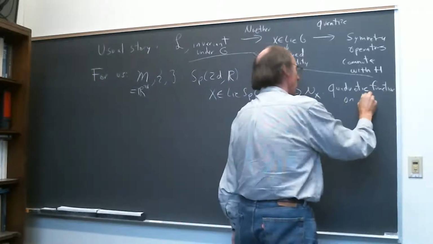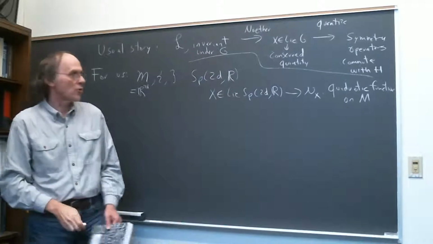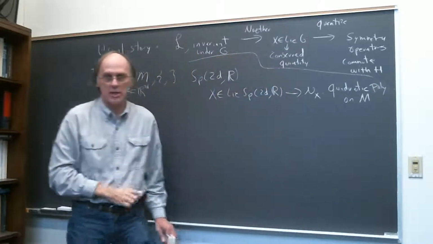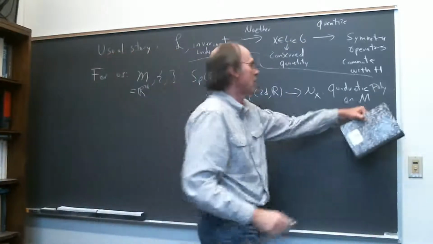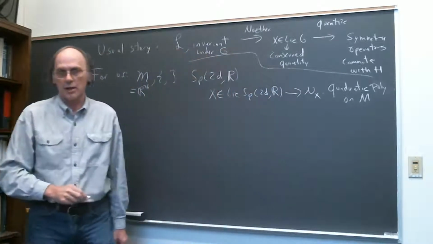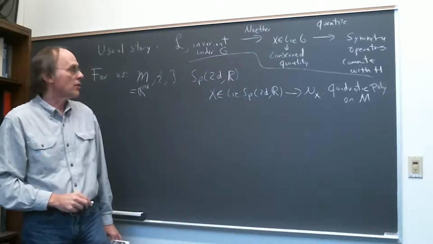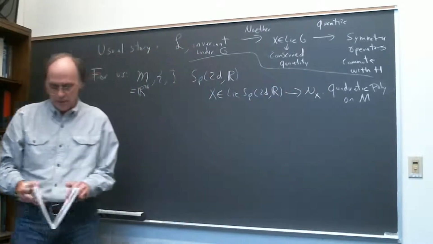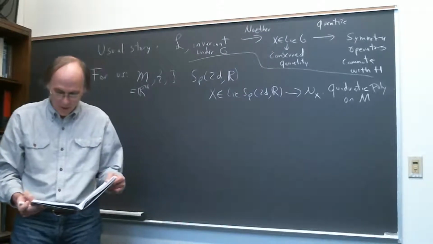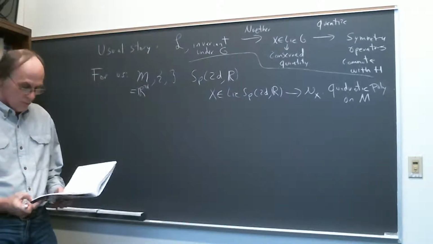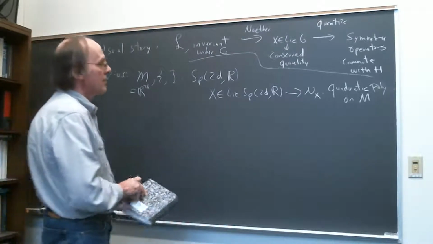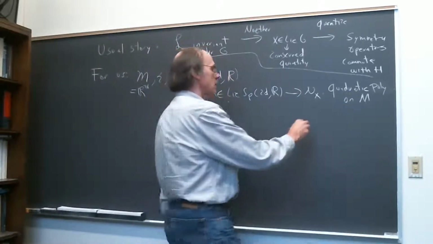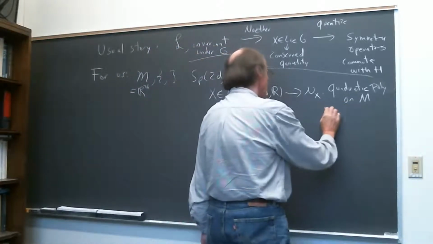It's a quadratic function on phase space, or just a homogeneous quadratic polynomial. So this is just some kind of thing that's quadratic in P's and Q's. Okay, so this is the general story, and then the idea is that we then quantize. Well, then do what?